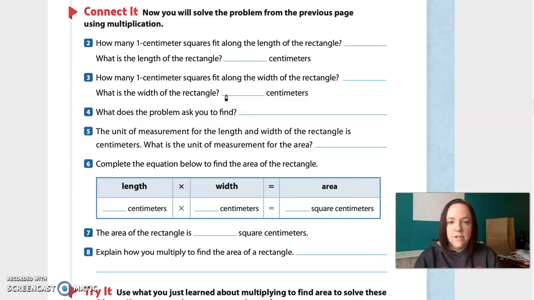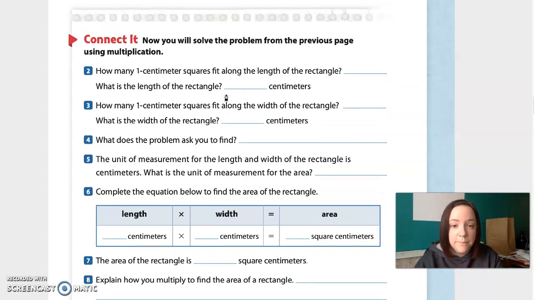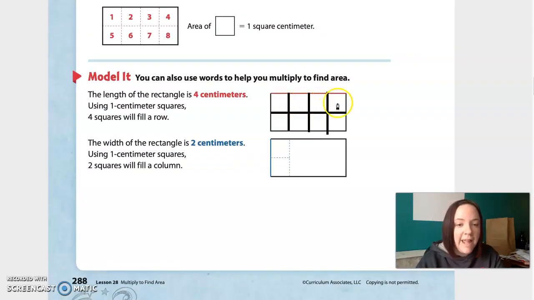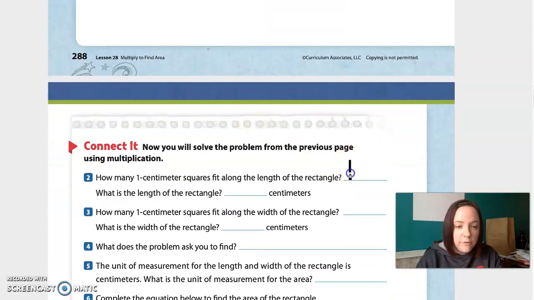I would like you to think about this a little harder for a moment. How many 1 centimeter squares can fit along the length of the rectangle? Remember, length, width, okay? So the length is 1, 2, 3, 4. So we are going to put a 4 here.